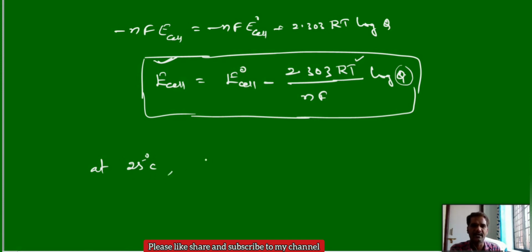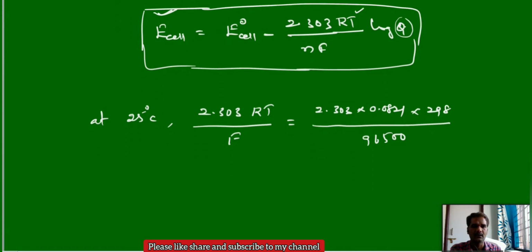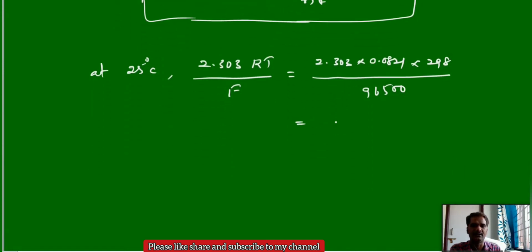At 25 degrees centigrade, this value is 2.303 RT by F. It can be written as 2.303, R the gas constant 0.0821, temperature 298 kelvins, and Faraday, 1 Faraday is equal to 96,500 coulombs. If you substitute those values here, you will get finally 0.0591, meaning in place of 2.303 RT by F, you can write 0.0591.